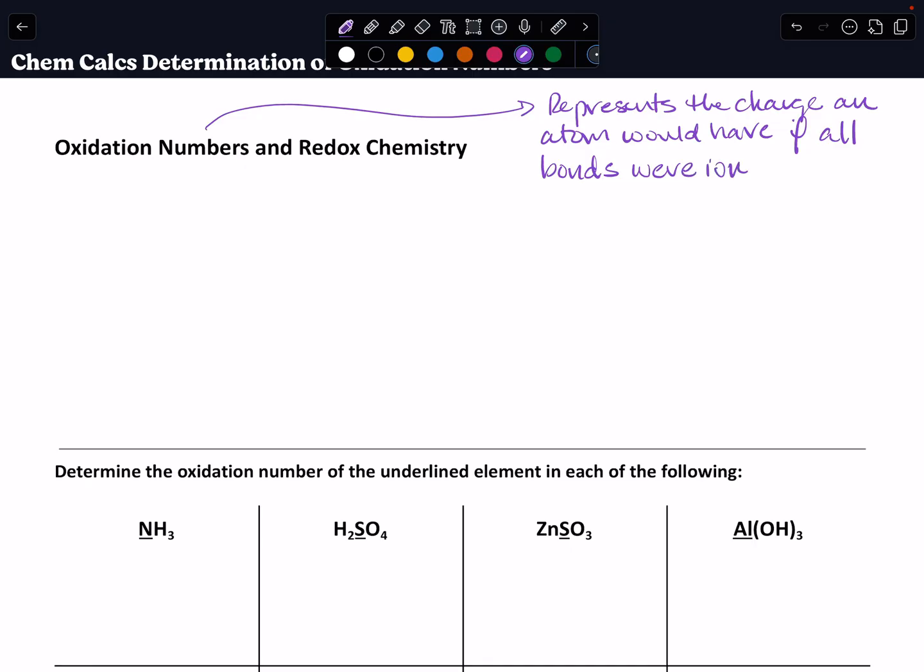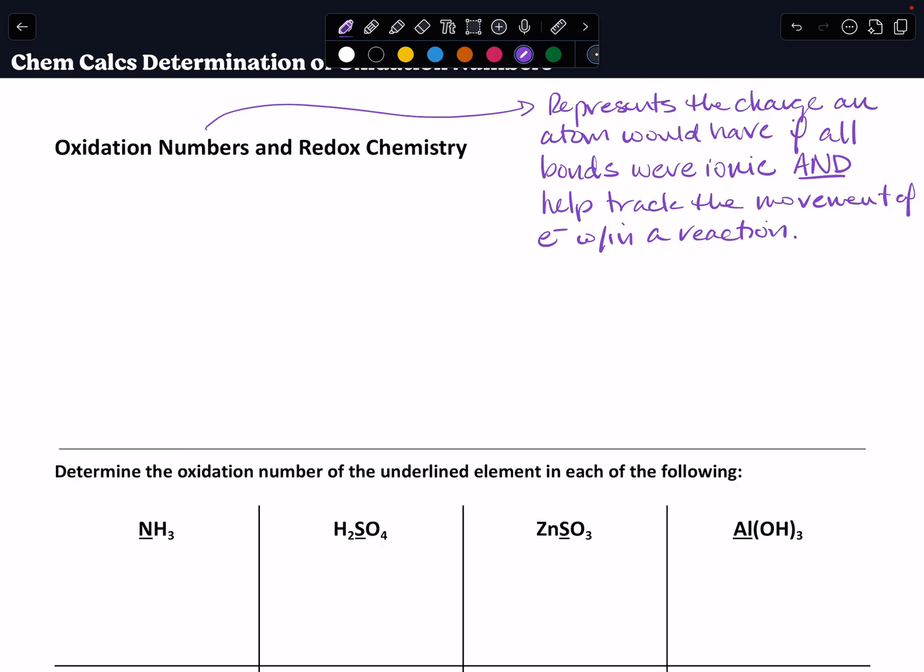So what would that look like in terms of electron donation or acceptance? And these oxidation numbers help us track the movement of electrons within a reaction.